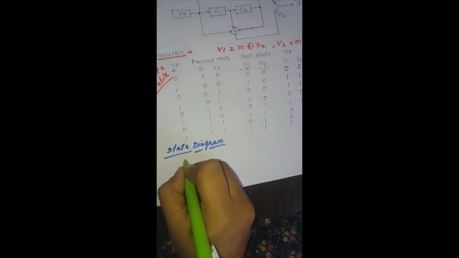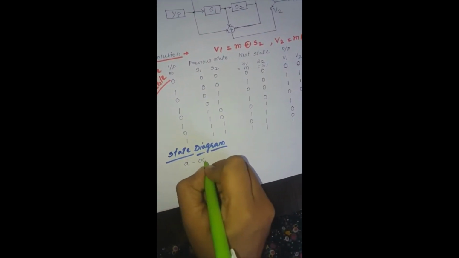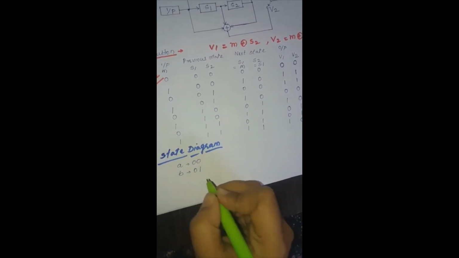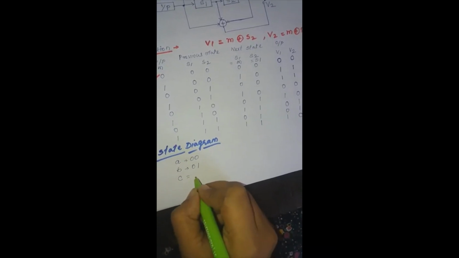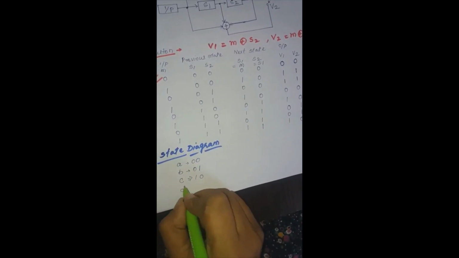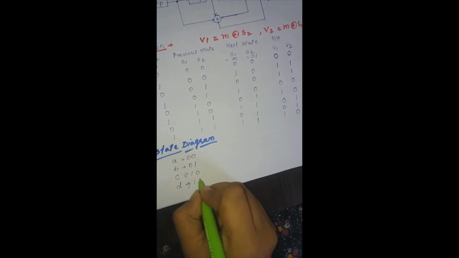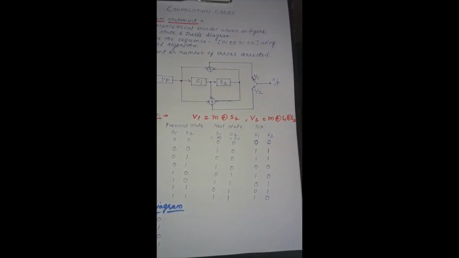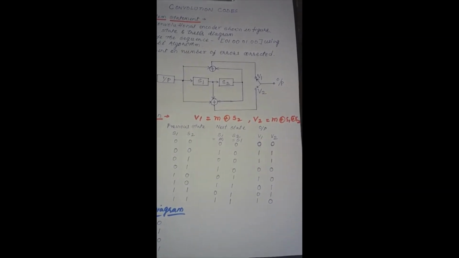We'll write state A as 0 0, state B as 0 1, state C as 1 0 and state D as 1 1. I hope you must have studied how to draw the state diagrams in your DLD syllabus or digital electronics syllabus.